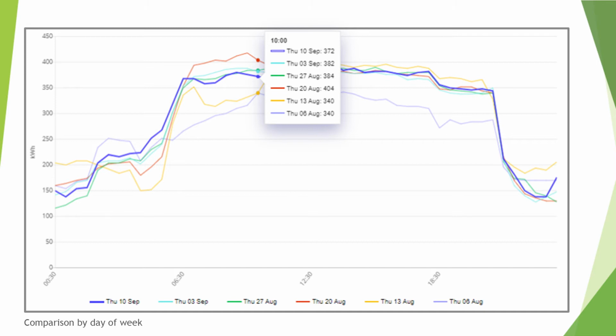So you'd be questioning, what did we do on that day to reduce our consumption at that level? Was it as simple as, on the 6th of August, a lot of people were on holiday? Was it that you hadn't had an order in at that point? Your orders tend to come towards the end of the month. But it's this type of detail that will really help you get control of your business, understand what's going on, and make those savings and efficiencies.